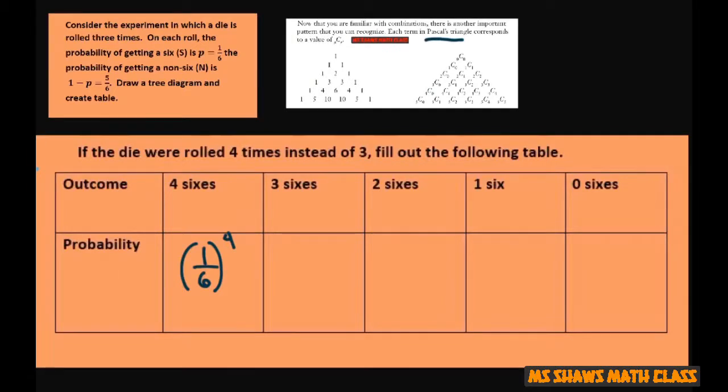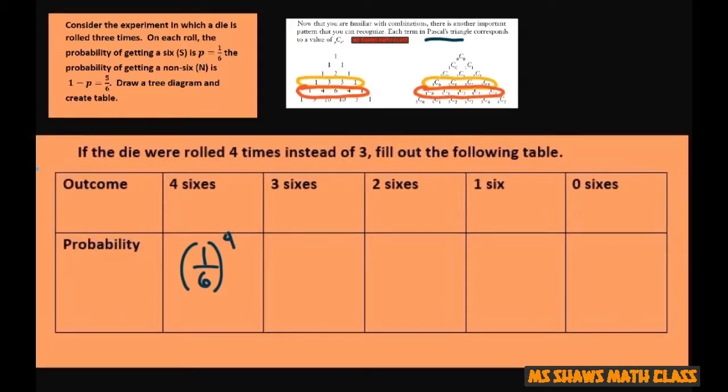The ones we did earlier was this 3 one. Alright, so we were using this. This is part of the combinations. Since we're rolling it 4 times, we're going to use this right here. That way you don't always have to draw the tree diagram.